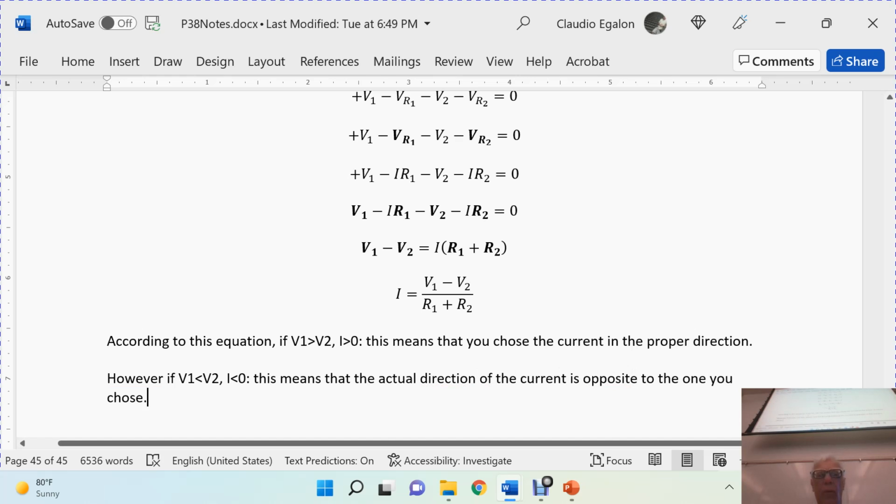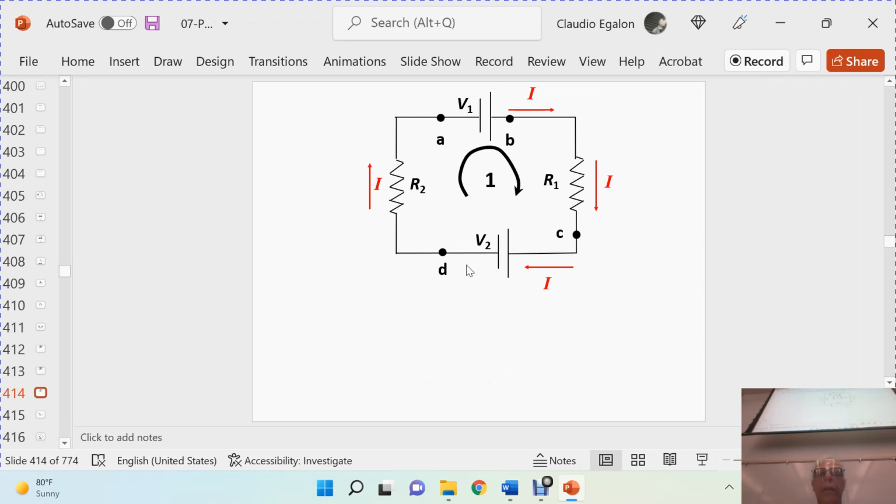So if V1 is greater than V2, then the current is going to flow in this direction. But if V2 is greater than V1, then the right direction of the current is going to be counterclockwise.